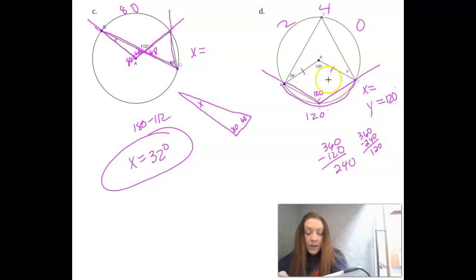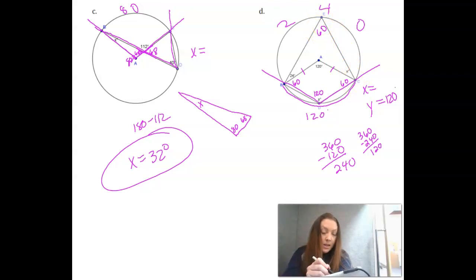And so consecutive angles are going to be adding up to 180. So divide that by 2 and we get 60 degrees. All right. And so the last thing that we have is, I know if this is 120, this is the inscribed angle, so that's going to be half of it.